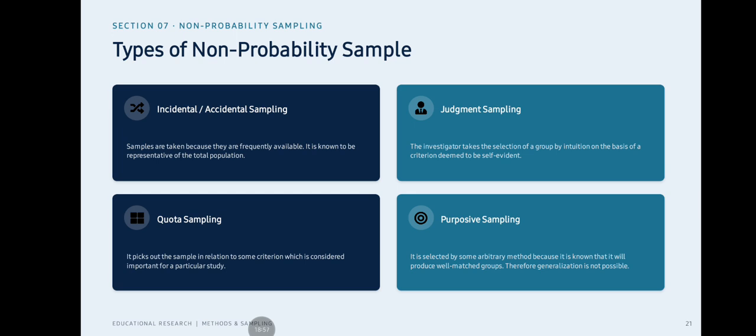Quota sampling. It picks out the sample in relation to some criteria which is considered important for a particular study. Purposive sampling. It is selected by some arbitrary method because it is known that it will produce a well-matched group. Therefore, generalization is not possible.